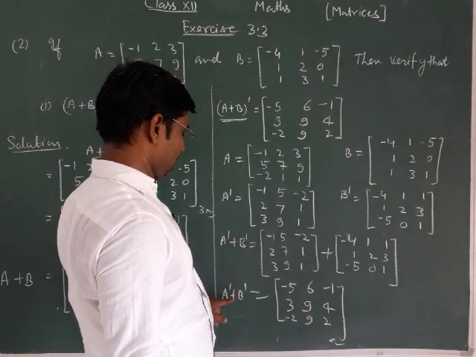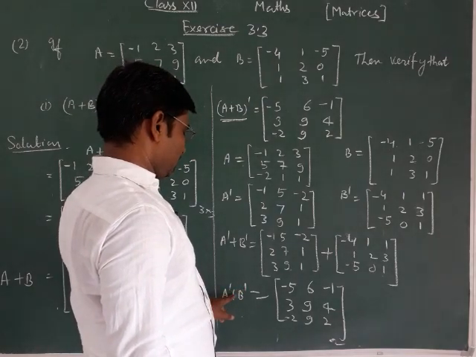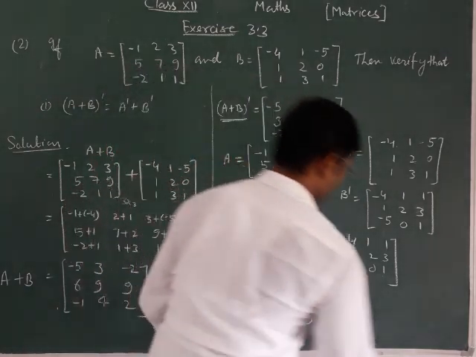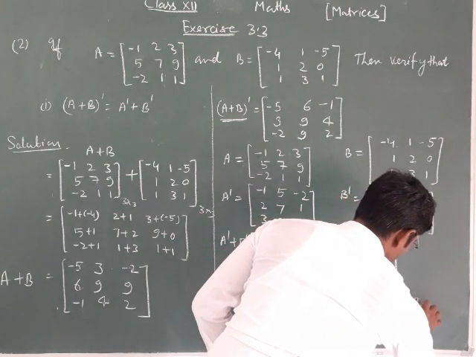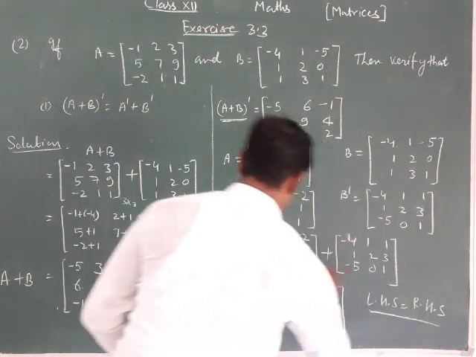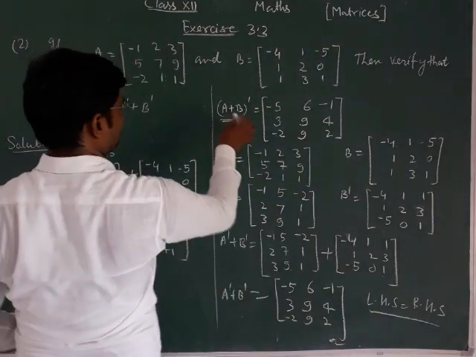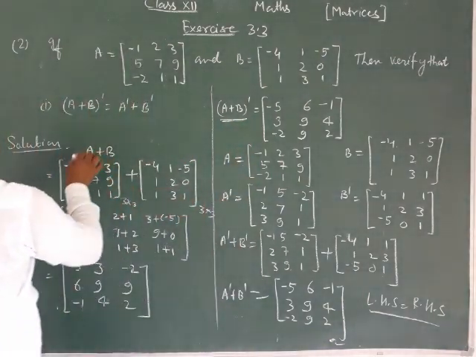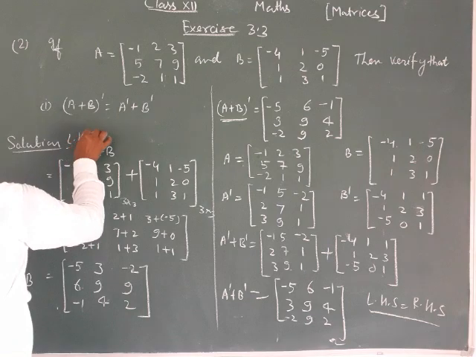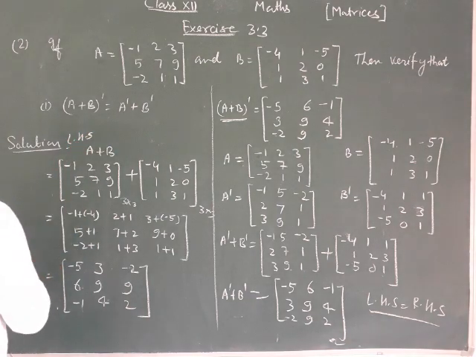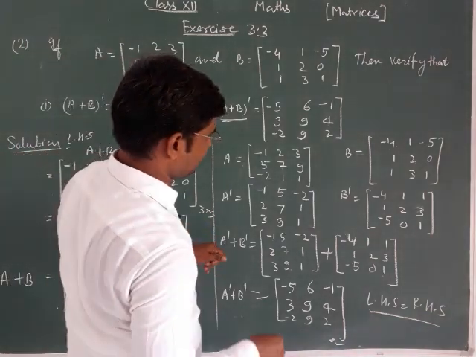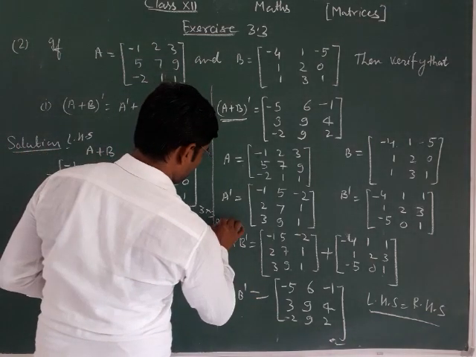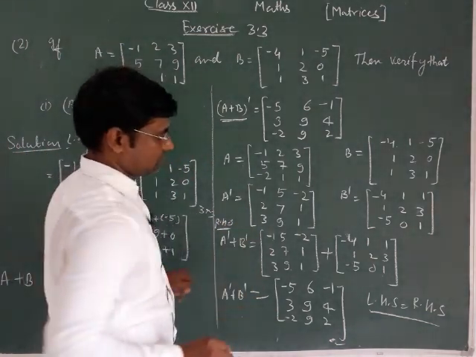So transpose of A plus transpose of B. So this is LHS is equal to RHS. So taking LHS, and this is RHS. So proved.